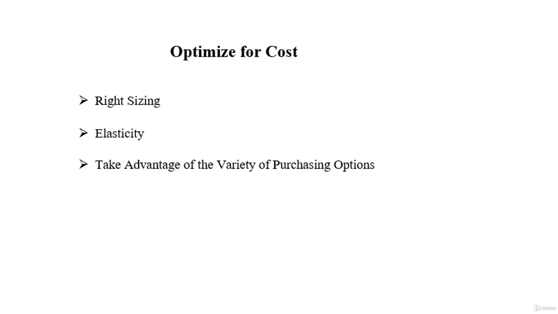Similarly, you can reduce cost by selecting the right storage solution for your needs. For example, Amazon S3 offers a variety of storage classes, including standard, reduced redundancy, and standard infrequent access.